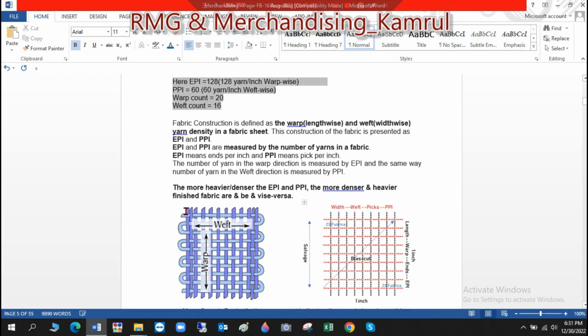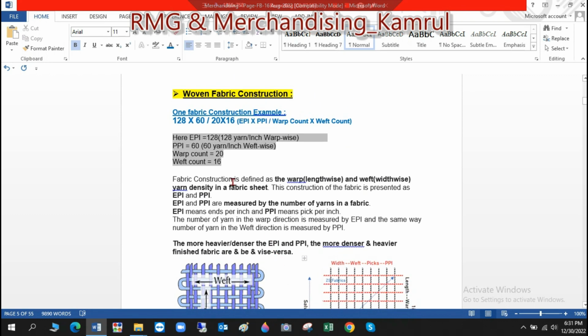See here, the heavier or denser the EPI and PPI, the denser and heavier the finished fabric will be, and vice versa. It means if we use a heavier count, see here 20 count, and if it's a higher count, say 40 count or 60 count, the fabric would be thinner.